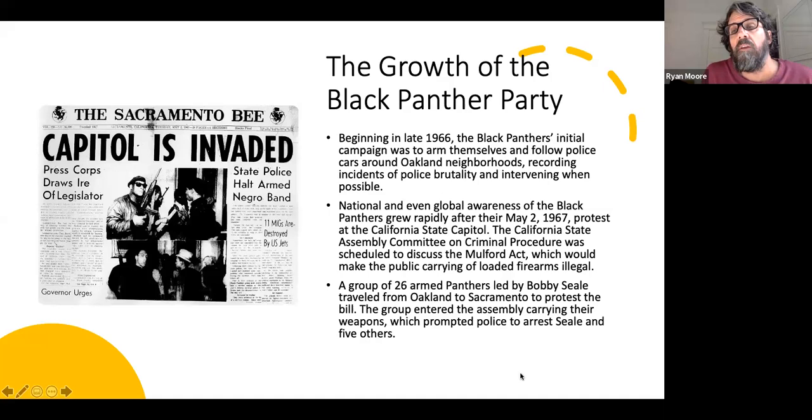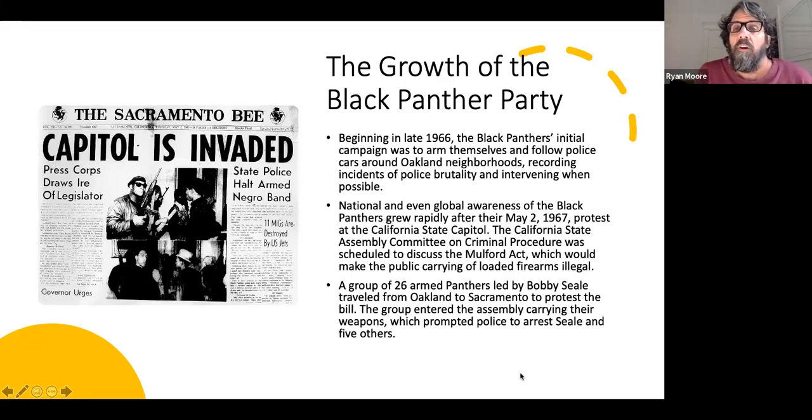They would get out with their big shotguns because that was legal in California at that time. They would watch the cops and intervene if something unlawful was being done, or if there were any incidents, they would be there to respond.